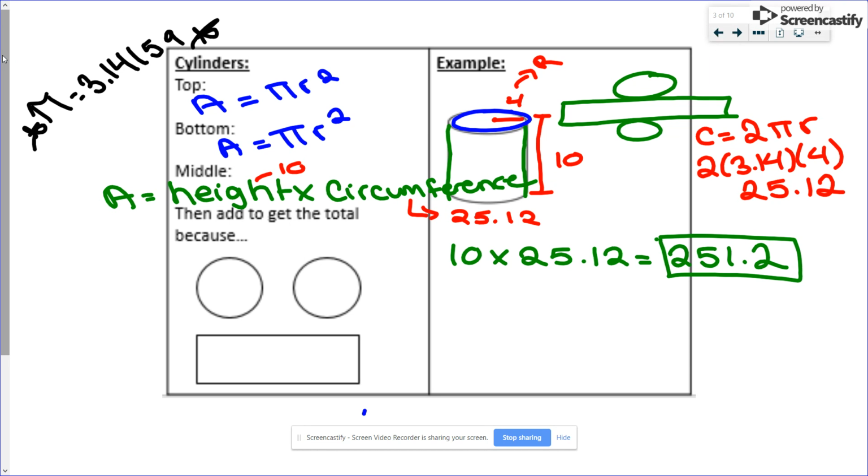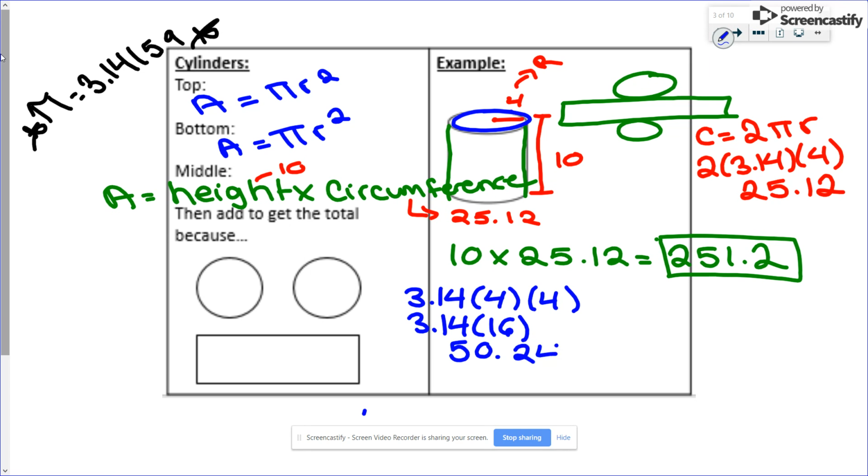So now we have to find the area of the top and the area of the bottom. We know our radius is 4, so I just plug that in. So we have 3.14 times 4 times 4. So I can say this is 3.14 times 16, which equals 50.24.